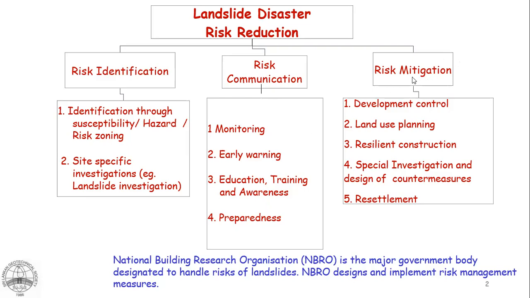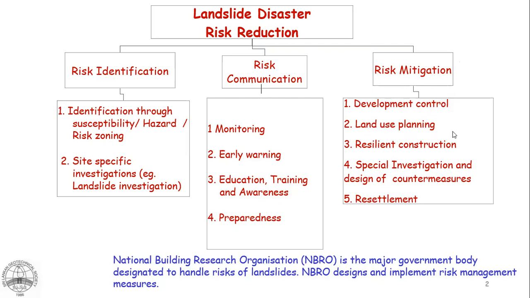Then there are risk mitigation measures adopted. First, development control. In the areas with significant landslide risk, new projects were carefully considered. So the NBRO scientists, who are geotechnical engineers and geologists, advise the developers on their projects, how to do it without creating additional landslide risk.